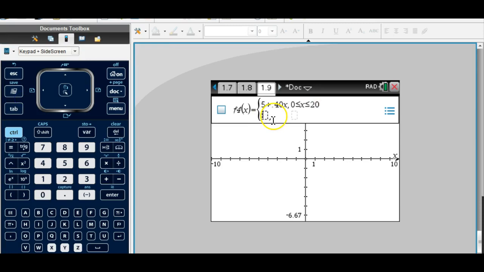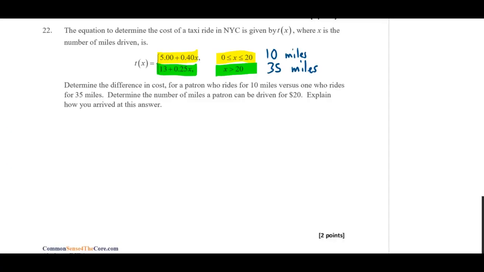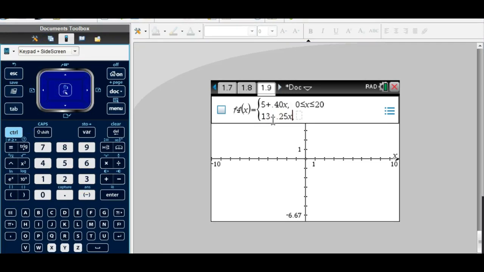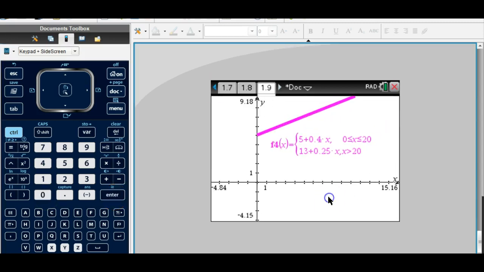And then the other formula that we're going to use is 13 plus 0.25x, and we're going to use this formula when x is greater than 20 miles. So if I graph this, I end up with a piecewise function.